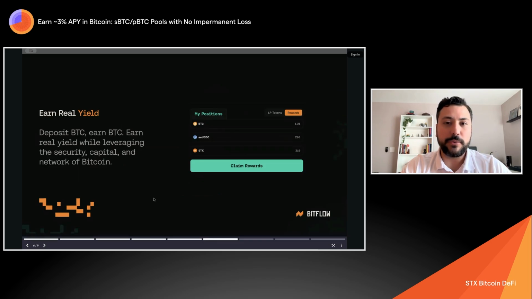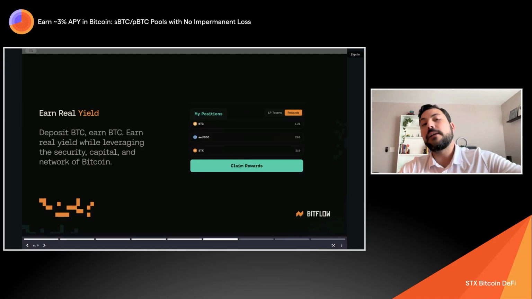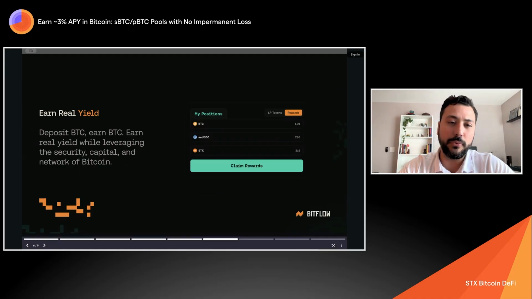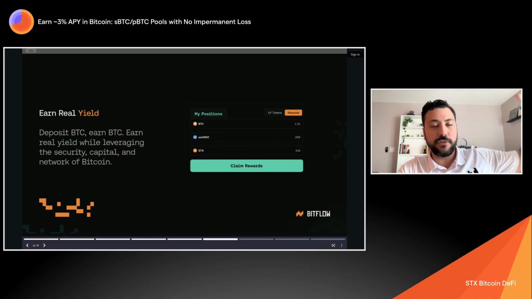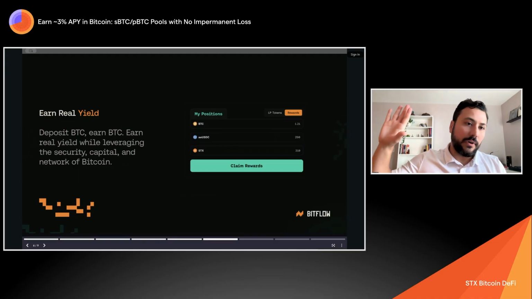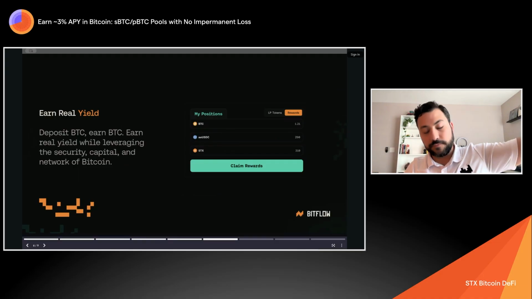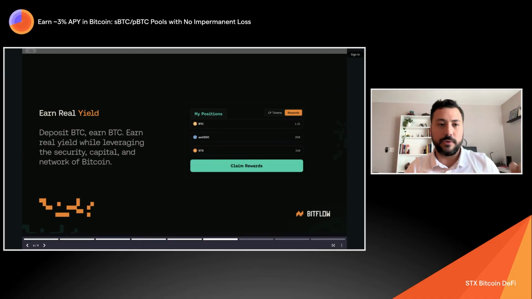This gives users an opportunity to earn real yield. As you are providing liquidity in one of these pools, which we're going to be covering today, you're earning a percentage of the trading fee. So if somebody's swapping on Ledger, Hermetica, or Xverse, or there's a liquidation happening within Zest or Granite, all of those fees accumulate back to the liquidity provider, which is you.